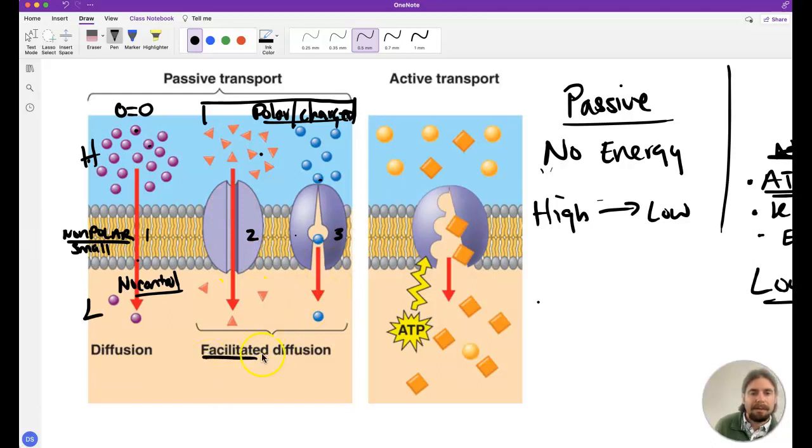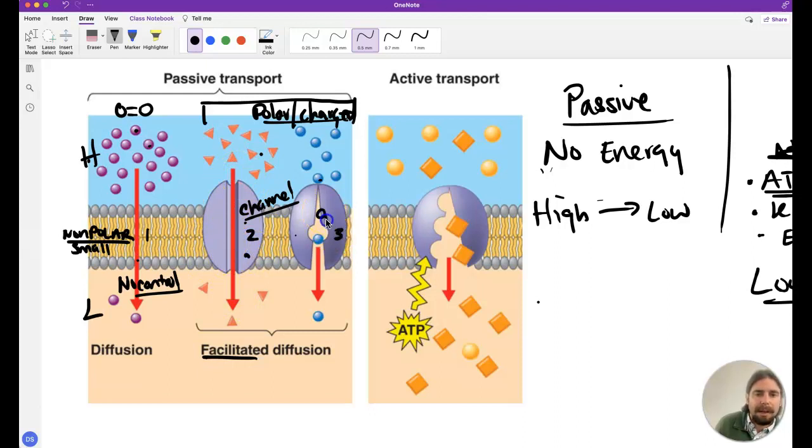And that's why we call it facilitated diffusion, not because energy is required, but because we need a protein to get these across. Now, these proteins come in two flavors. There are channel proteins that are just open channels that allow the same kind of diffusion qualities of simple diffusion across the membrane. It's just through a channel instead of across the membrane.